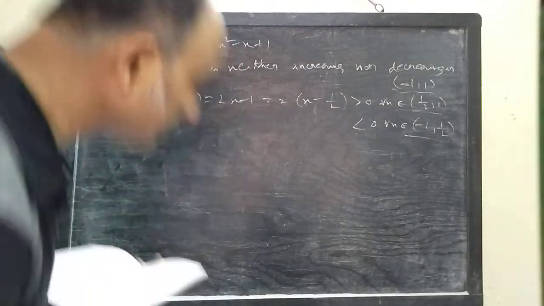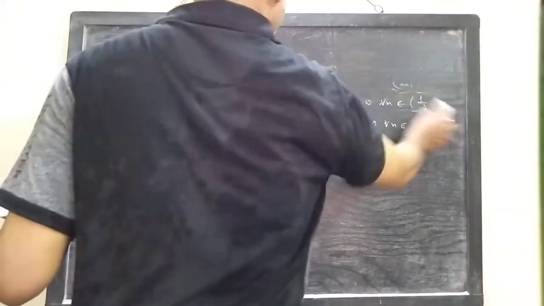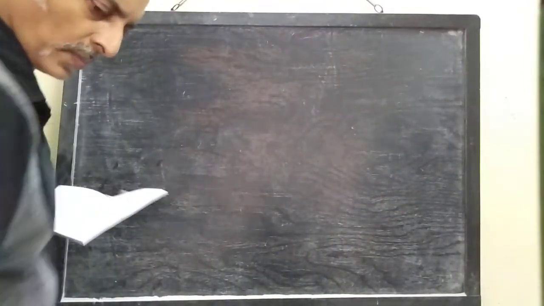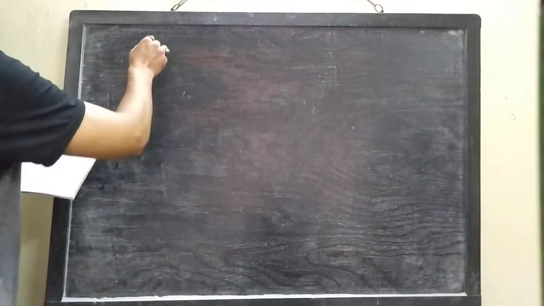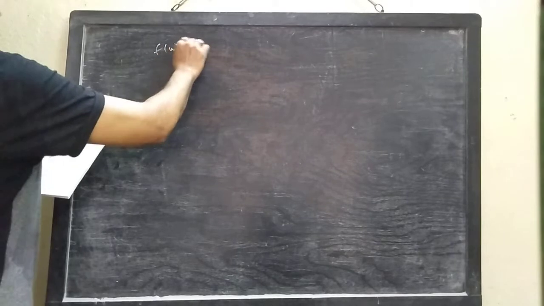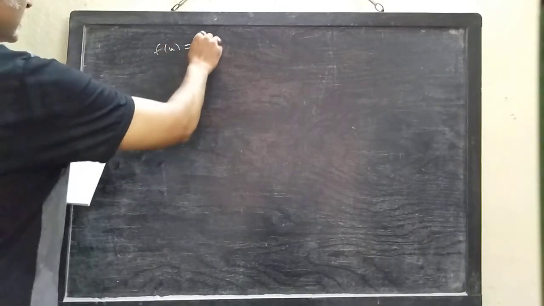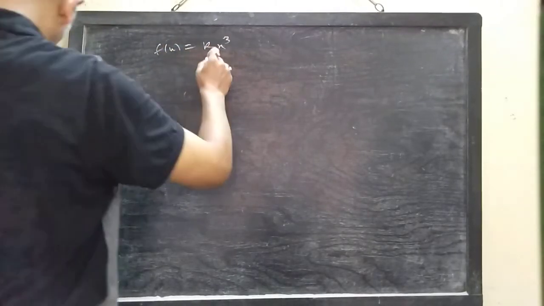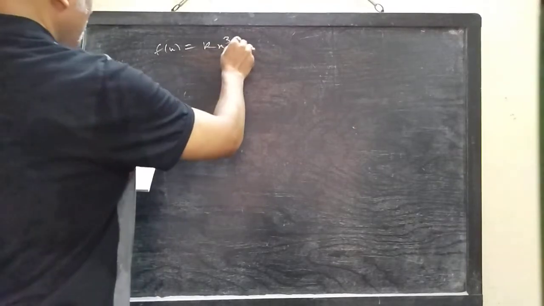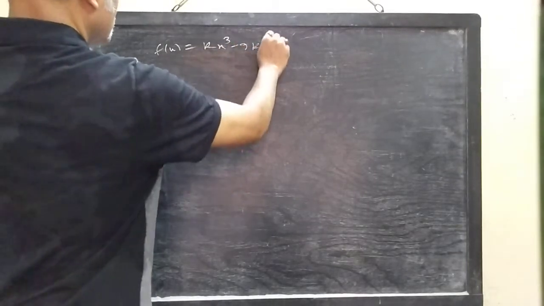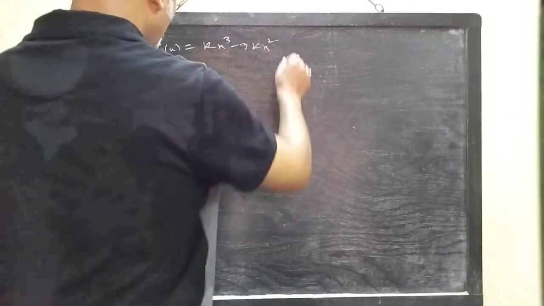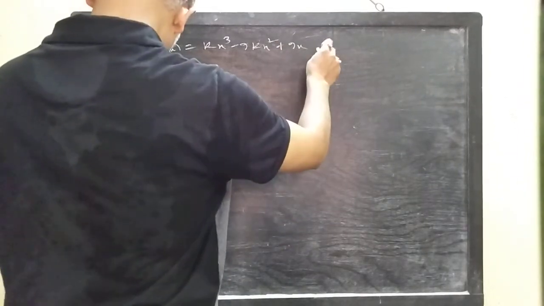Next, suppose a function f is given by f(x) equals kx cube minus 9kx square plus 9x plus 3.